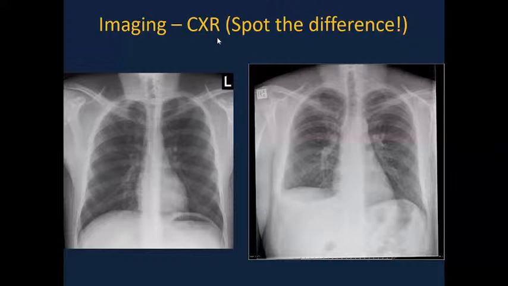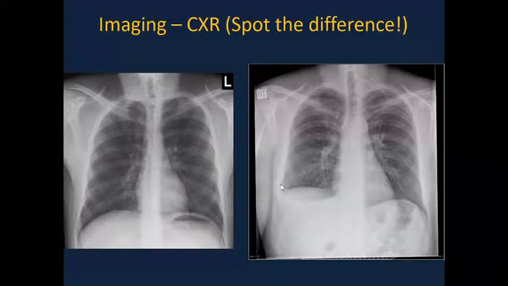This is an example of a chest radiograph. Usually when I give this lecture, I encourage somebody to come forward and show us the difference between the two images. What you want to appreciate is the sharp costophrenic angles here, all right?